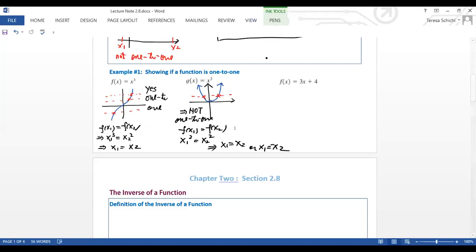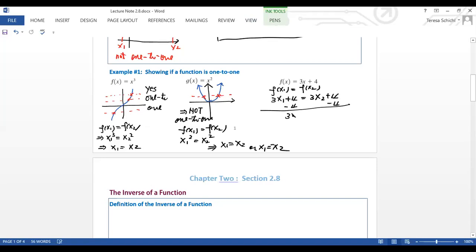Okay, so let's do the last one here. Let's try to use algebra to solve it. So this is x1 equal to x2, and let's see, is x1 equal to x2 the only solution? So this is 3x1 plus 4 equal to 3x2 plus 4. Okay, so I subtract 4 from both sides.